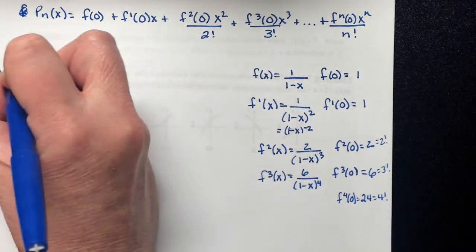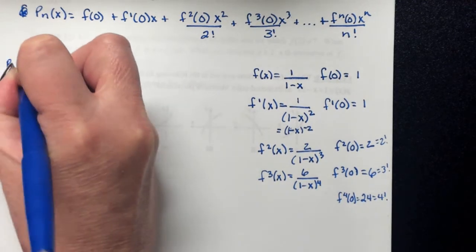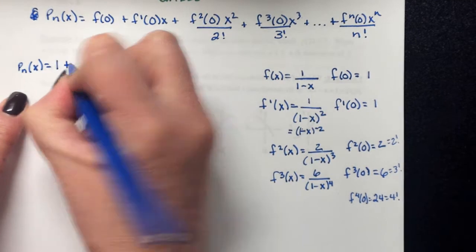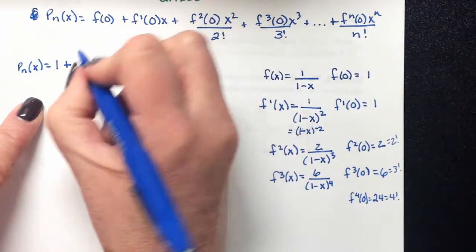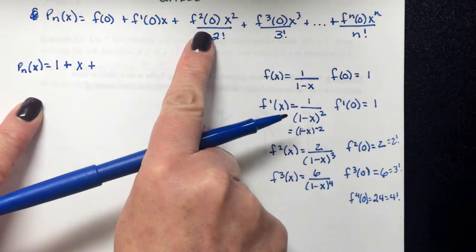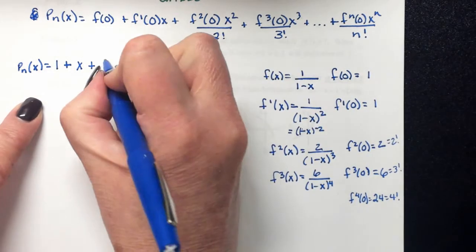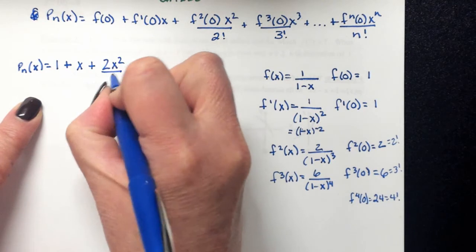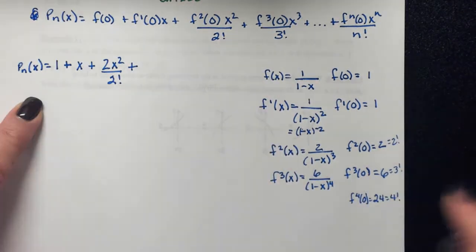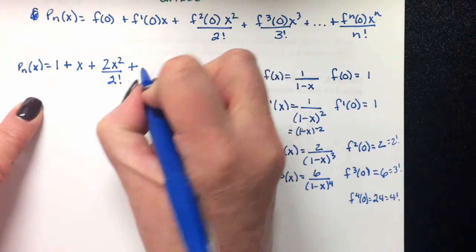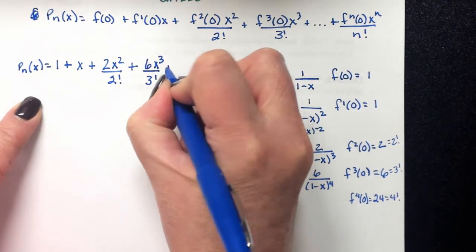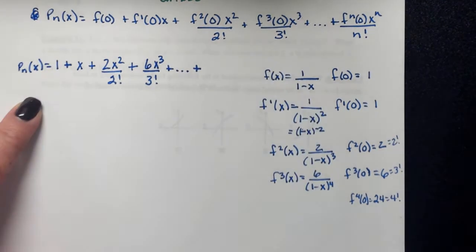So now I can start writing my Maclaurin polynomial because, again, f of 0 is 1, plus f prime of 0 is going to be 1 times x, plus the second derivative at 0 is going to be 2x squared over 2 factorial, plus the third derivative is actually going to be 6 times x to the third over 3 factorial, plus dot dot dot plus.